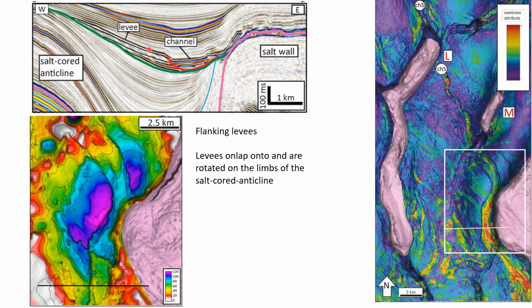The architecture of the levee provides a stratigraphic record of the structural growth of the bounding salt core high. These clastic systems record the last evidence of deepwater sedimentation in the Santos Basin.